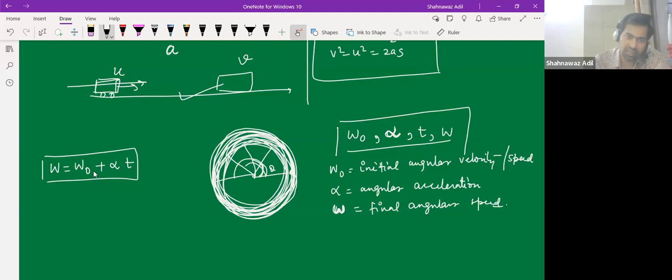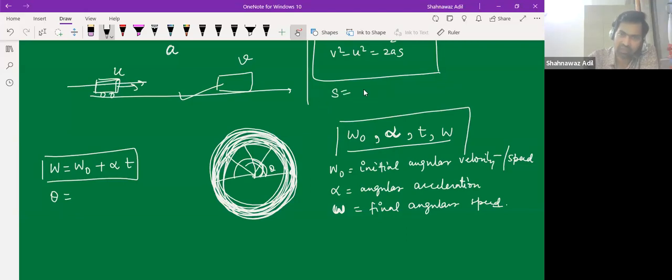If we write it in the non-vector form, then it would be this. So this is this, and similarly, what would be theta? Can you tell me? Any angle? This is the angular distance.